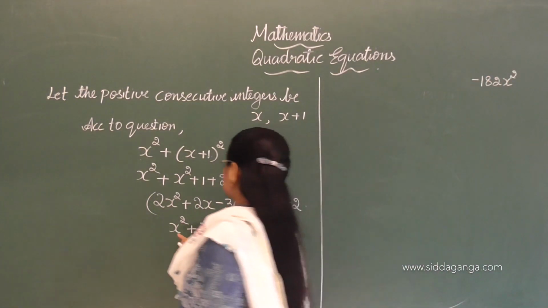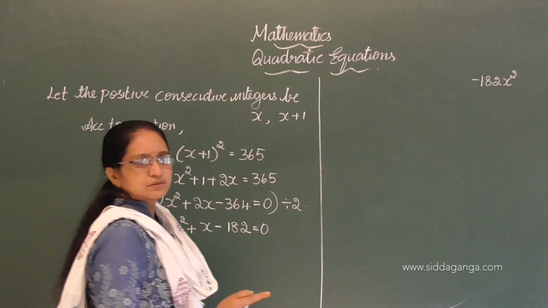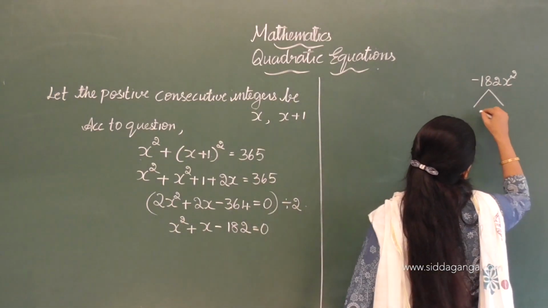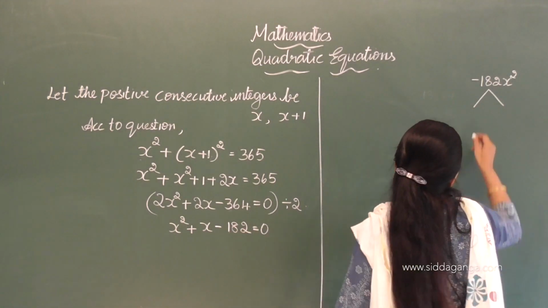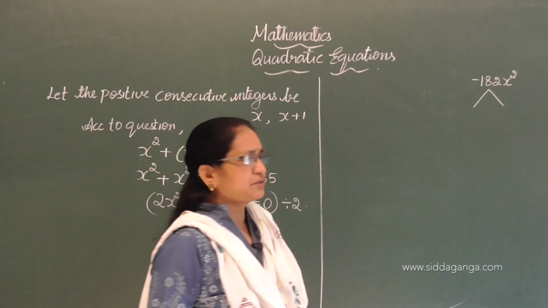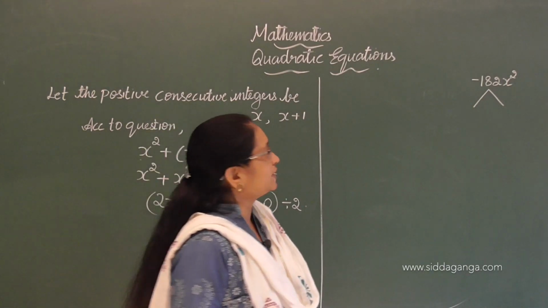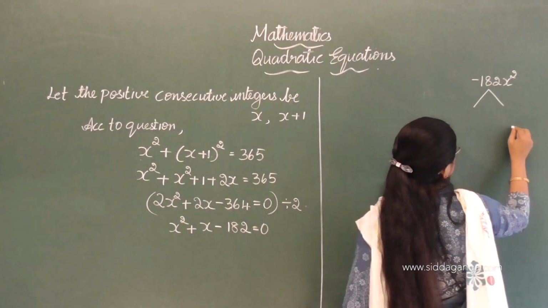You have to multiply minus 182 into x square. Now when we split this, you have to do trial and error. Maybe 182 is 13 into 14.